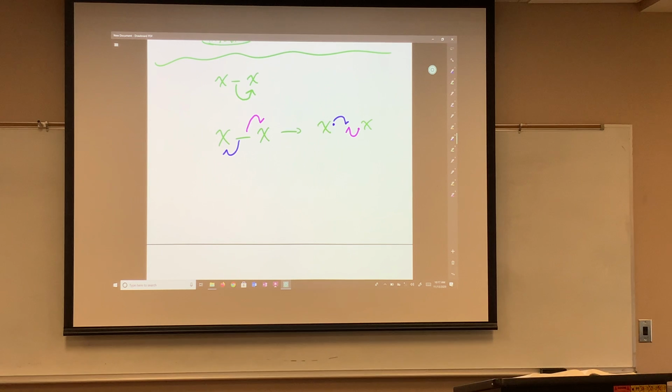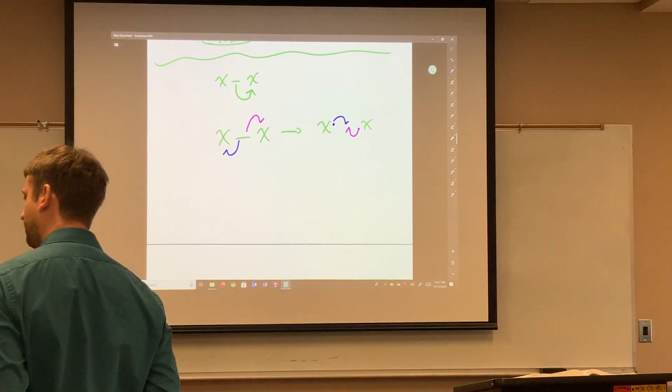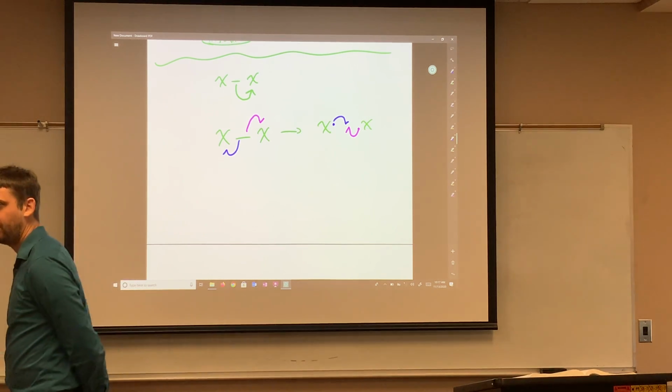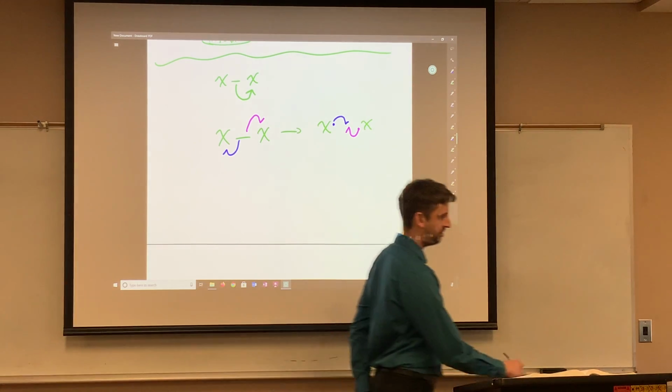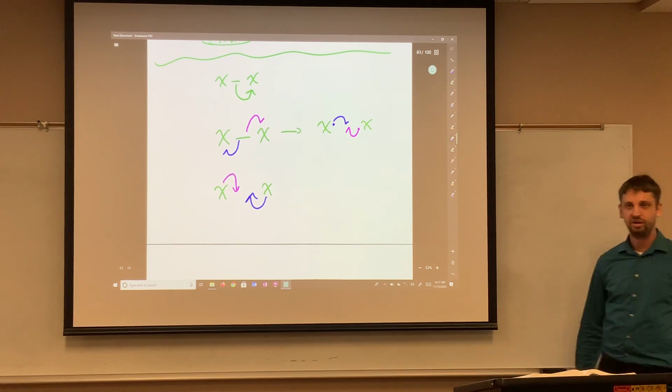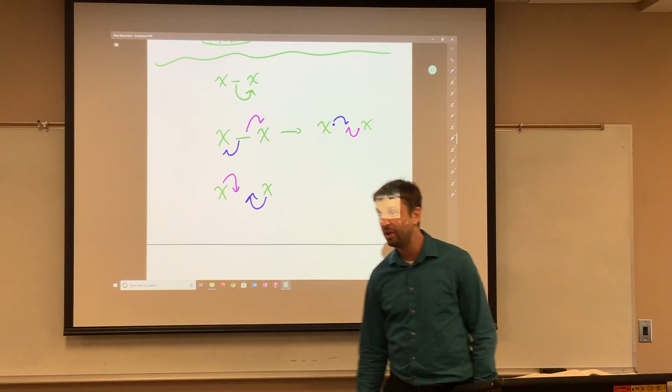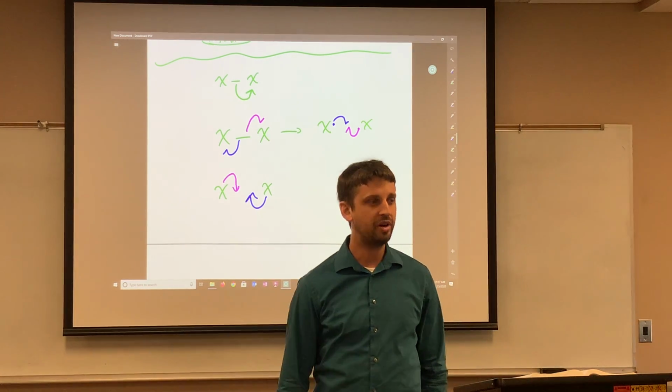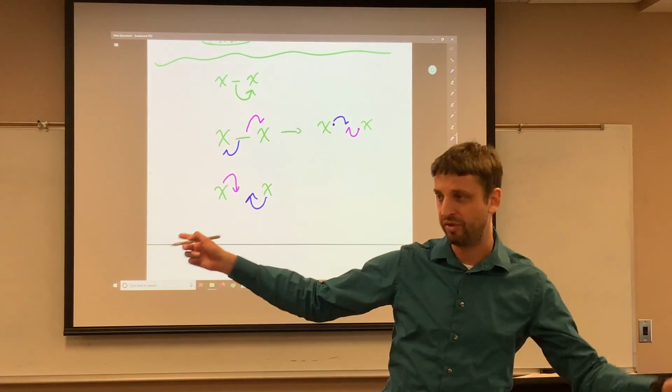So why is this unusual? Remember, now that we're only moving single electrons, we have some different rules. Just for argument's sake, are you guys ever going to see double-headed arrows that point at each other? No, you will not. Are you ever going to see double-headed arrows that point away from each other?